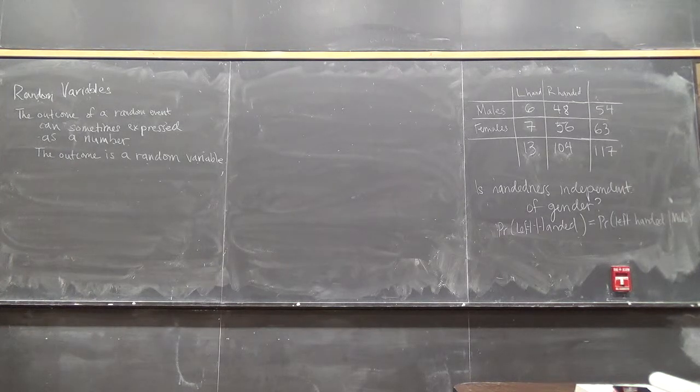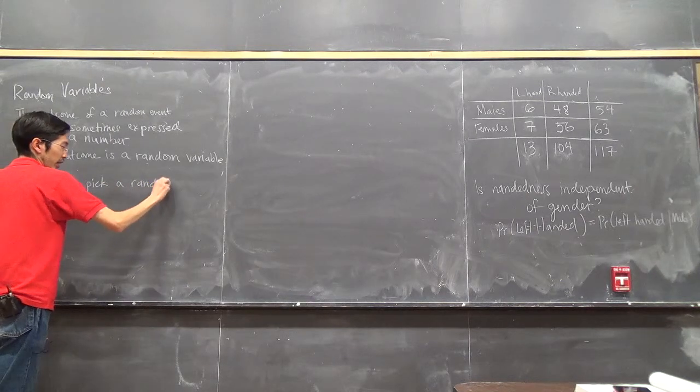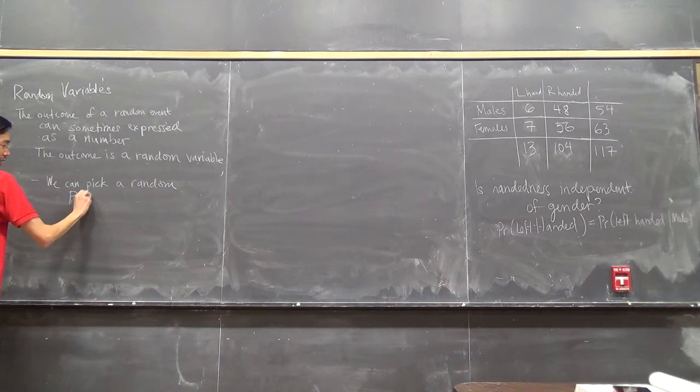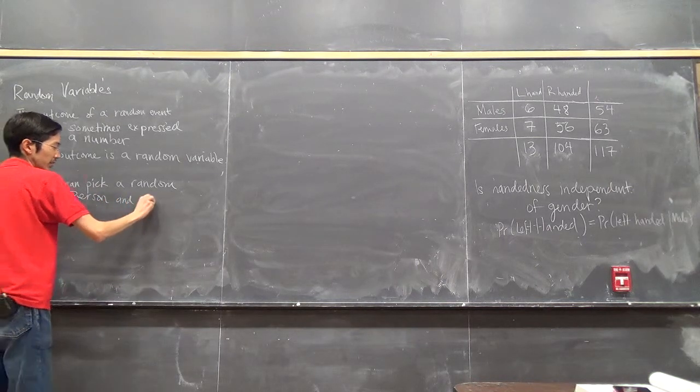Okay, so a lot of things could be random variables. Examples are, we can pick a person at random and measure this person's height.